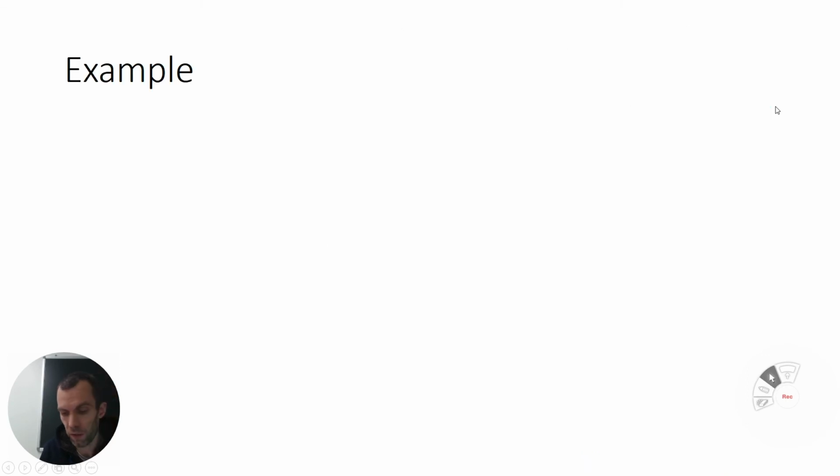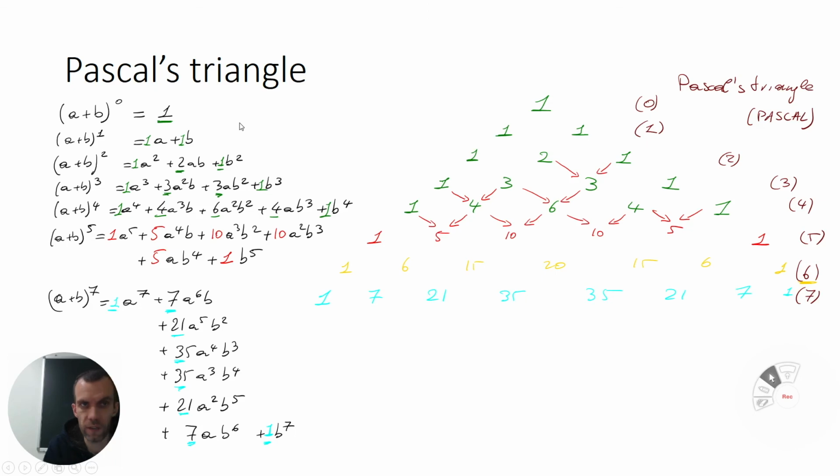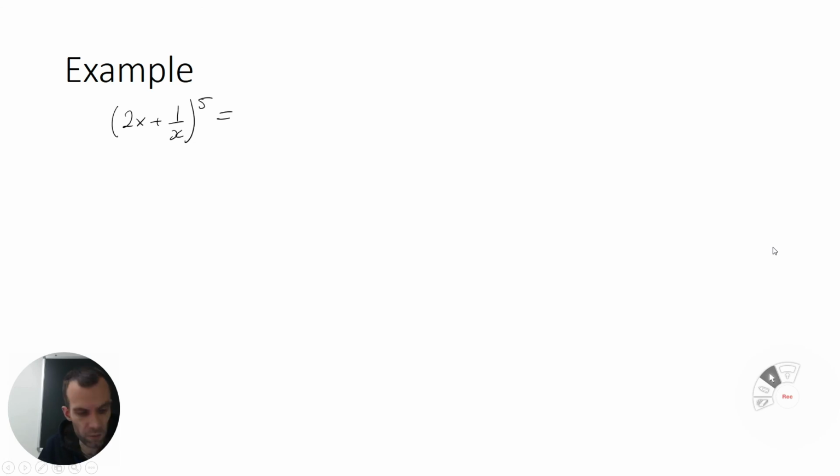Now, the triangle is good to calculate things out, and let's do maybe one example that is slightly less synthetic than a plus b. So we do 2x plus 1 over x to the power 5. What does that give us? Well, we go look in our triangle again for the coefficients associated with degree 5. Those are these coefficients, and then we just add them to our expression.